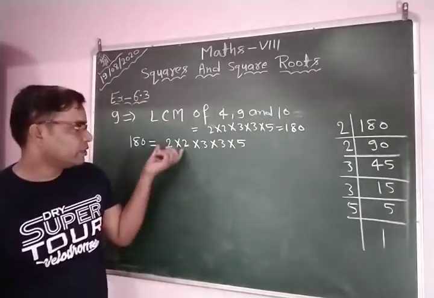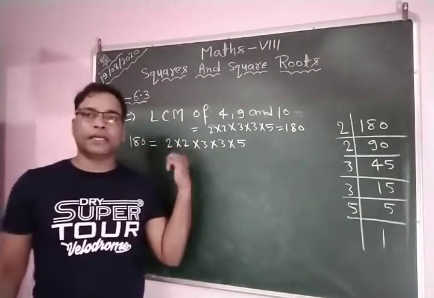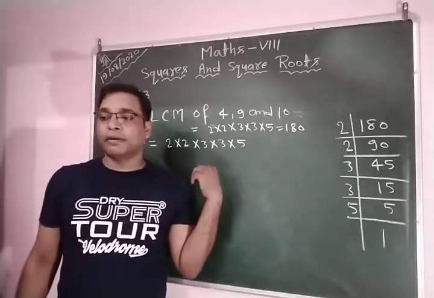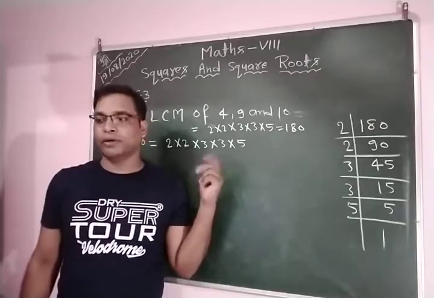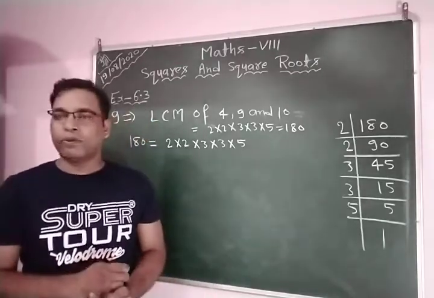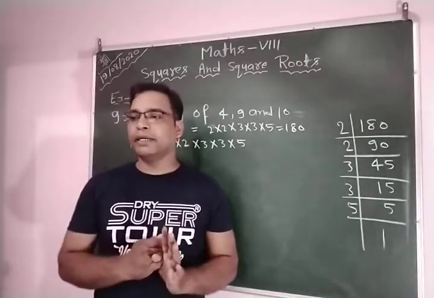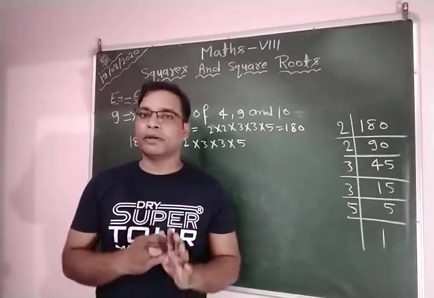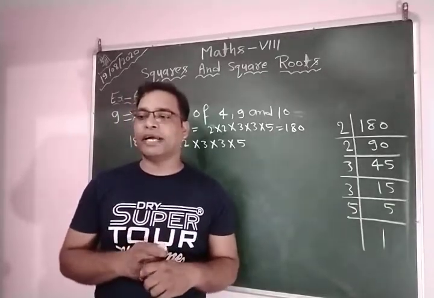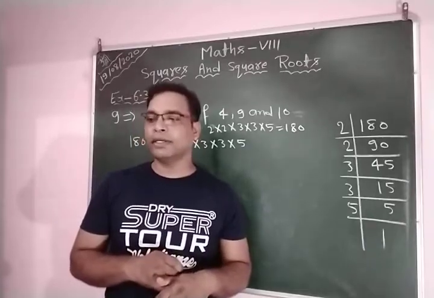Here you can observe 2 is in a pair, 3 is in a pair, but prime factor 5 has no pair. So therefore 180 must be multiplied by 5 to make it a perfect square.